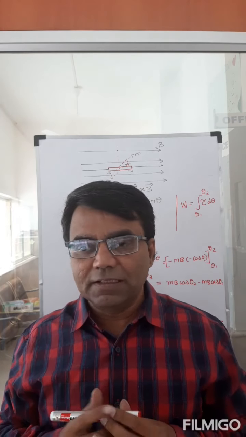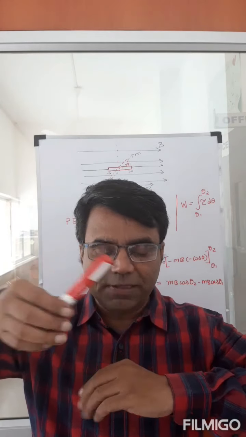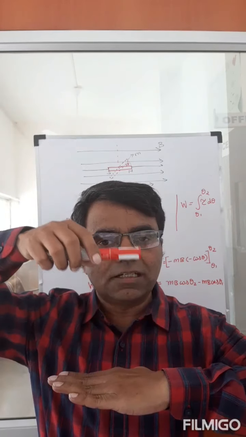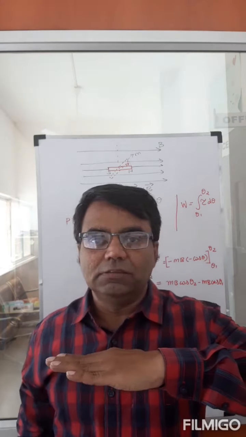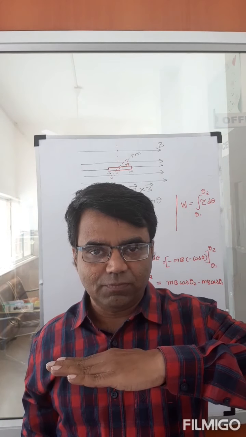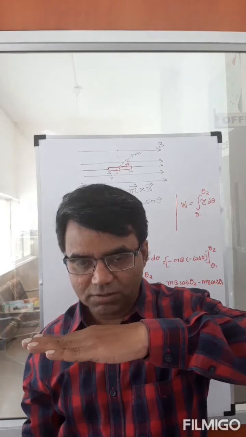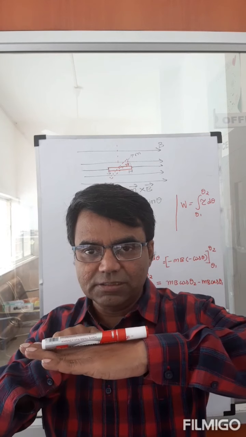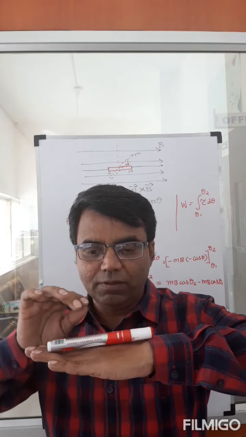For example, in the case of gravity, let's say I take this pen from this position to this position. I can take a reference point like the ground, the floor, as my zero potential. Then let's say this is at height h1 from the floor. So I'll say the potential energy at this point is mg h1.